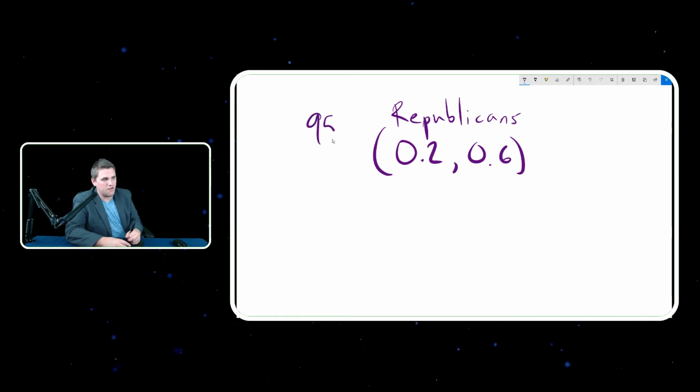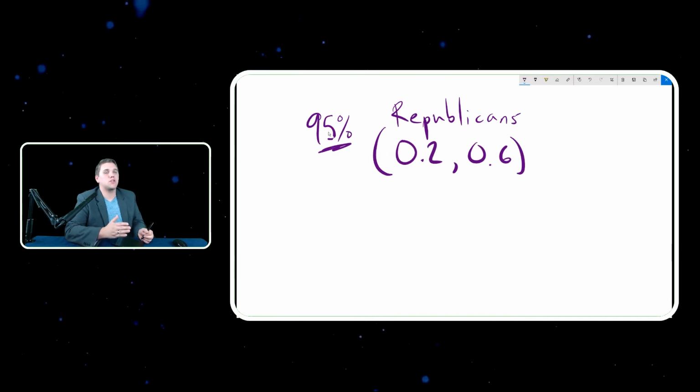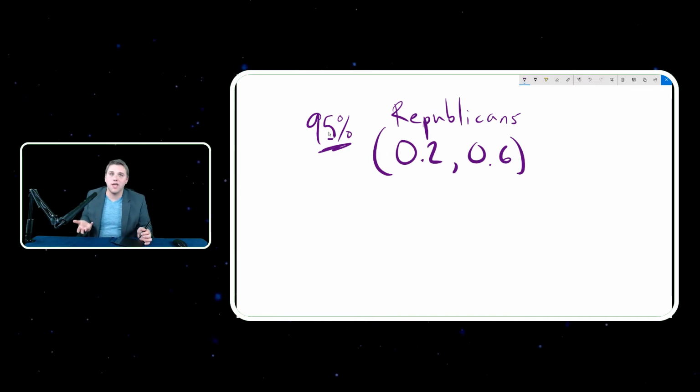We would say maybe 95%. And this is dependent on which T star you use. I would say I'm 95% confident that between 20 to 60% of the population is Republican.